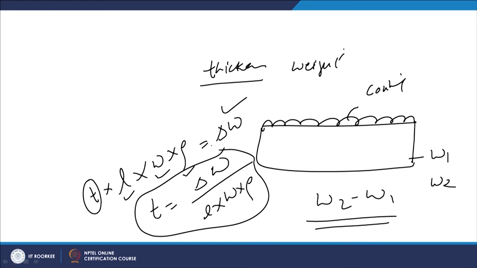This is again an indirect method of measuring the thickness, where the weight gain method is applied, weighing the sample or the substrate before and after the coating is applied for measuring the thickness of the coating.